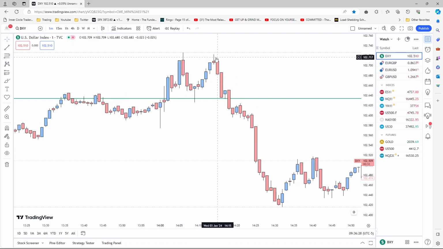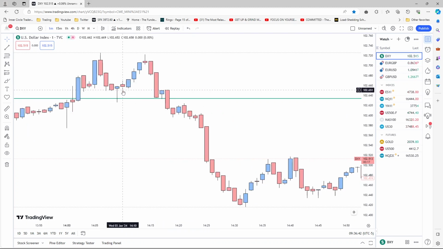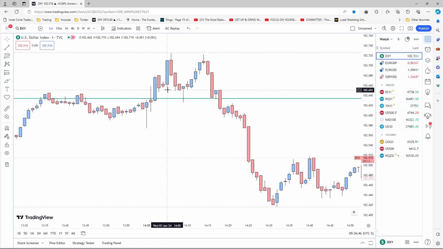Then I'm going to disregard this wick, and that's going to be my higher high, and I'm going to be looking at these candles as my breaker block. And if I extend that through, then you see that it gets hit right there. So there's 2 ways of looking at that.